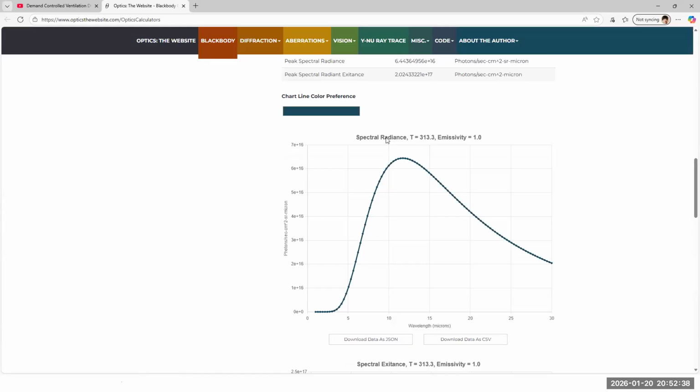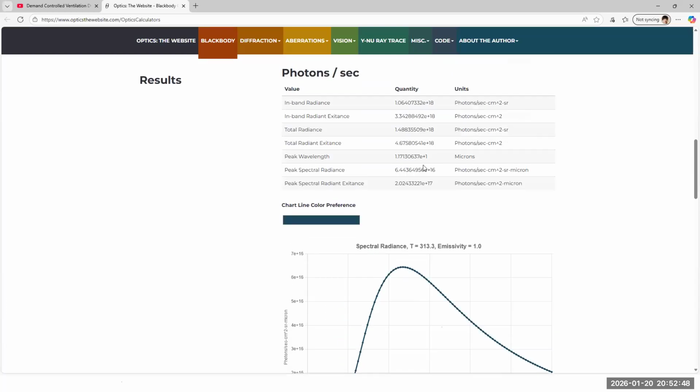So let's look at the spectrum radiation and its peak. The intensity peak here is 11.7 micrometer.